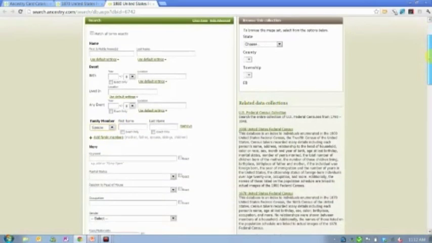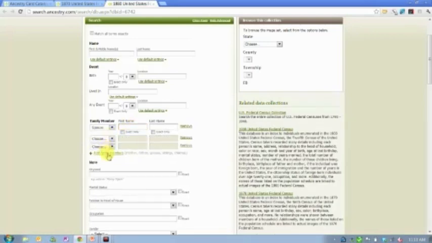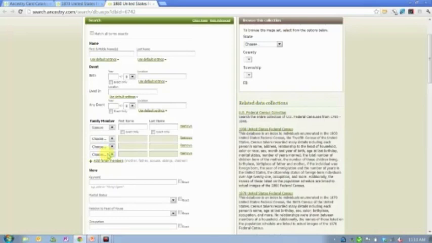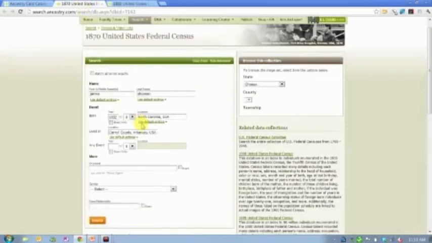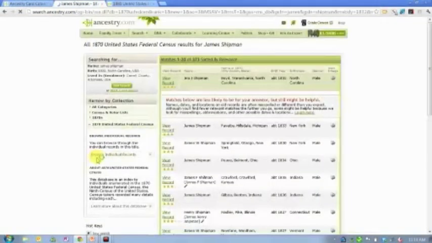And that's because after 1880, people are listed by their relationship. So if you want to start adding family members to search for in conjunction with that person, you can do that, and you can just add as many of those as you want if you know that they've got children, a group of children living with them or whatever. Again, your objective is to just do a general search with as much information as you know, nothing marked exact, and see what floats to the top of that list.